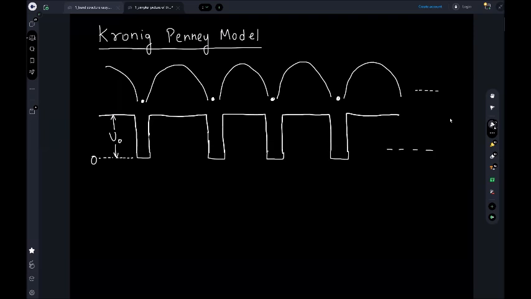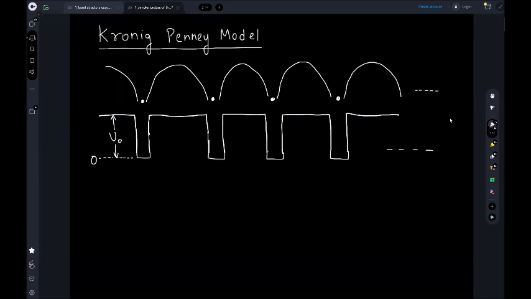So we actually have an infinite array of atoms in one dimension, mind it. These atoms give rise to a potential because of the interaction between the atoms, because of their electrons and because of their nucleus. So we'll assume that the potential looks something like this.